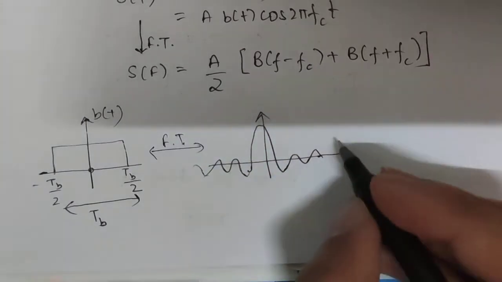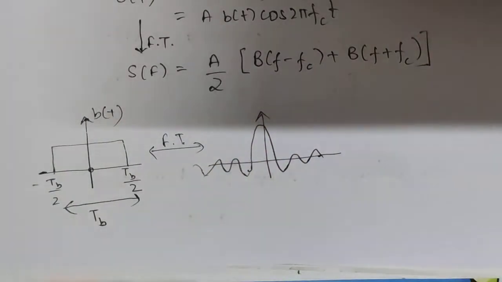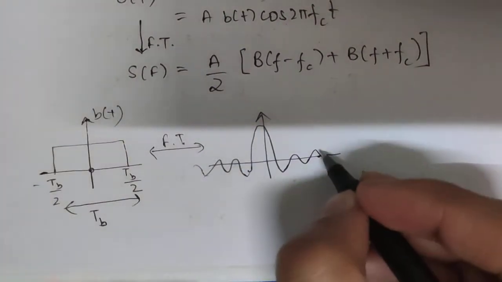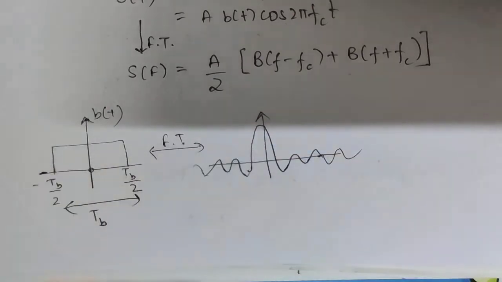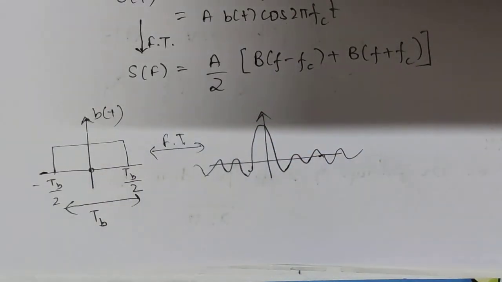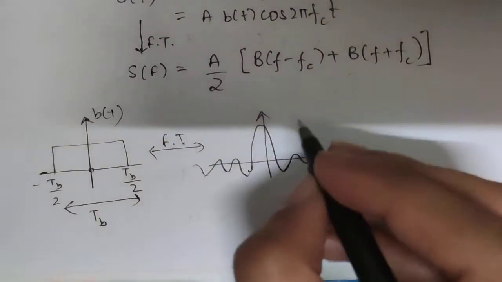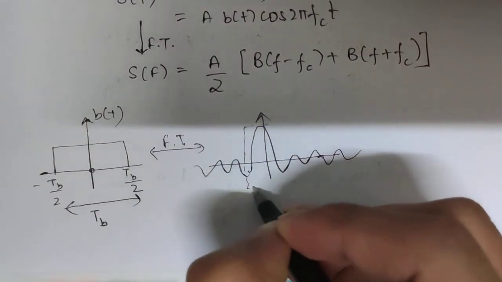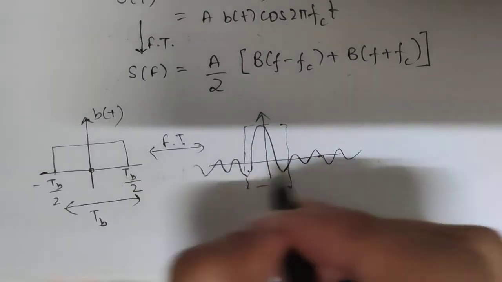To calculate the bandwidth, we always go to the frequency domain and there we calculate. The sinc pulse goes on like this to infinity. That means bandwidth requirement is infinity. No. The information is present only in this part and the other parts are useless.